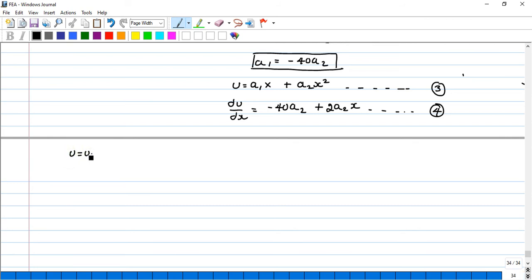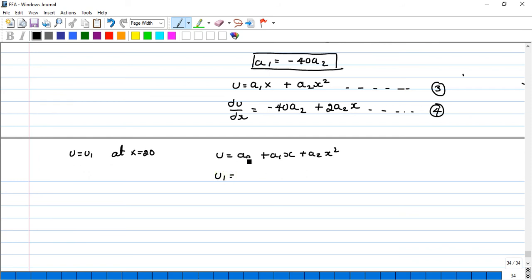U will become u1 at x is equal to 20, at the midpoint. We know the assumed displacement function is u is equal to a0 plus a1x plus a2x square. At midpoint, u will become u1, so I will substitute u1.